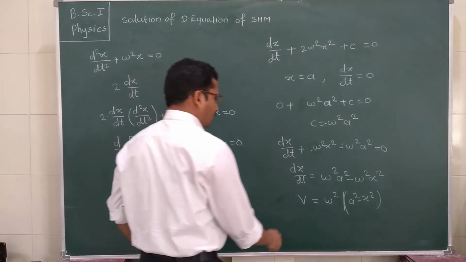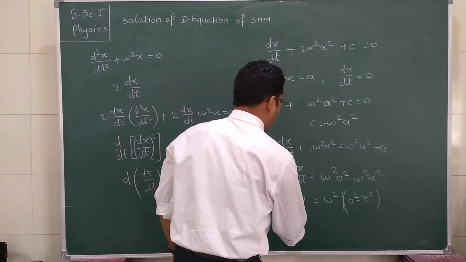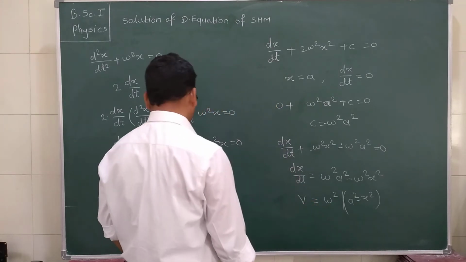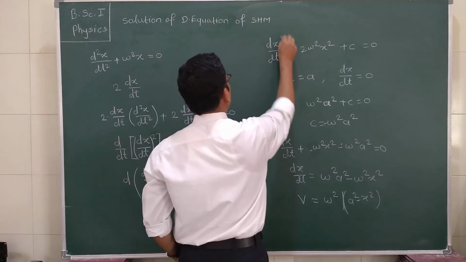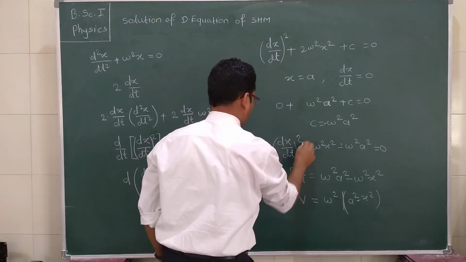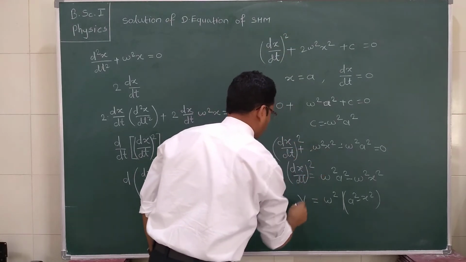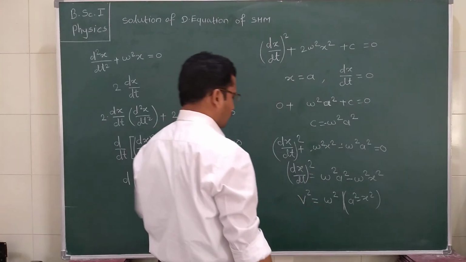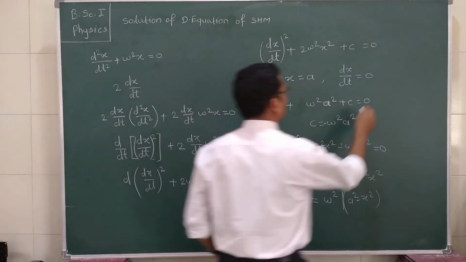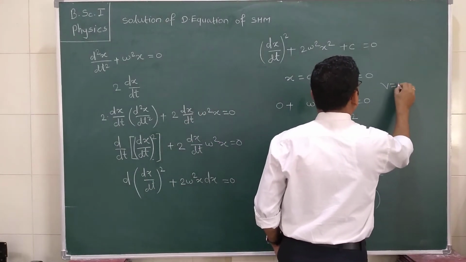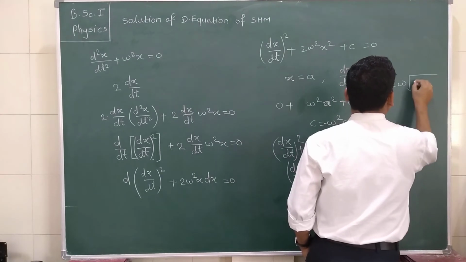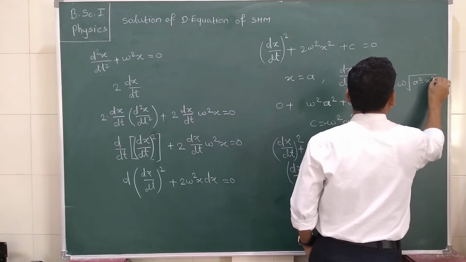So this is v square. If we take the square root of this equation, we get v is equal to omega under root a square minus x square.